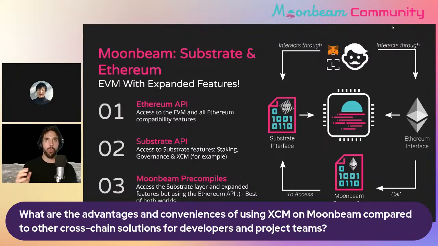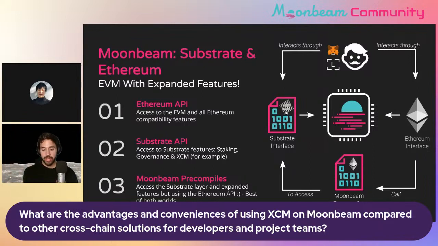We make design decisions to be as Ethereum compatible as possible, basically. And so the cool thing about using XCM on Moonbeam compared to other parachains is that you can write smart contracts in Solidity that can use these advanced XCM features to connect to other blockchains.